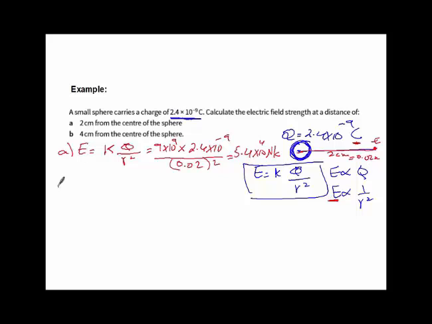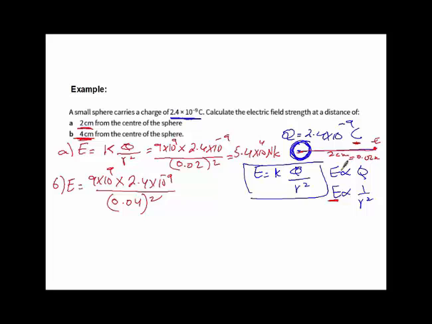Now, let's do that. For part B, E equals again K, 9 times 10 to the 9. Our Q is the same Q, 2.4 times 10 to the minus 9. Our R now became 4 centimeters, the point is further. So 4 divided by 100 is 0.04, whole squared. All should be in SI units. The important thing here in physics, first, I think drawing a diagram is very important.